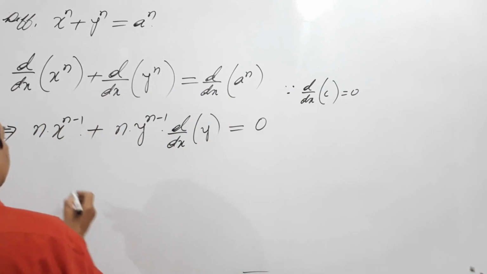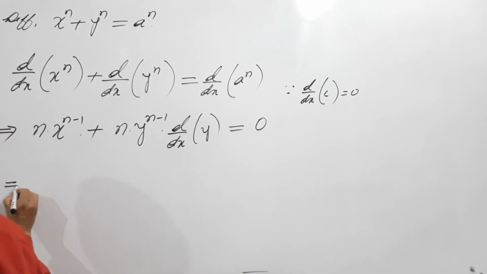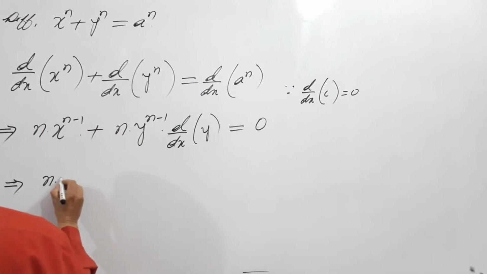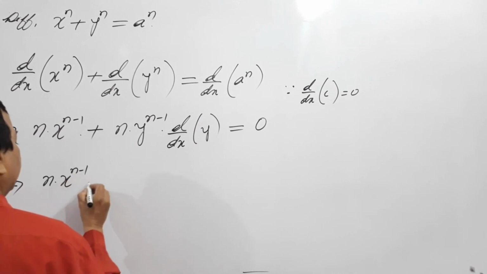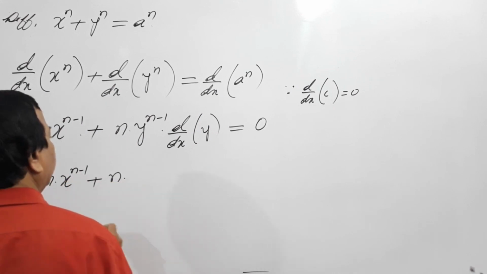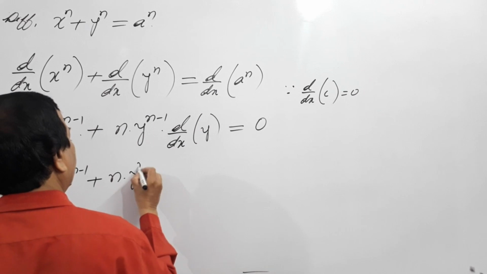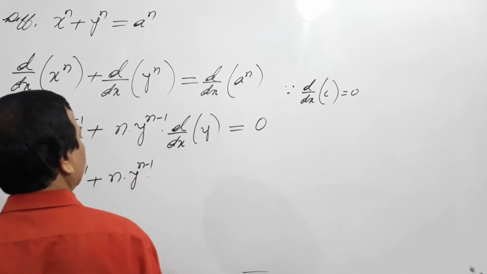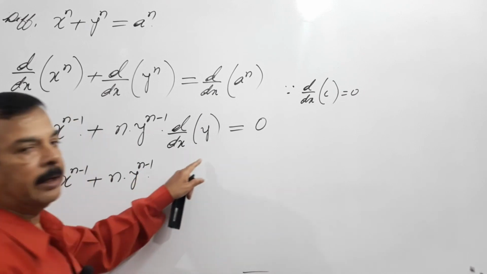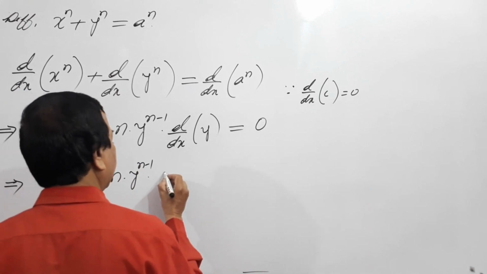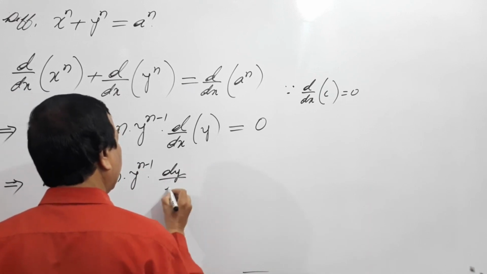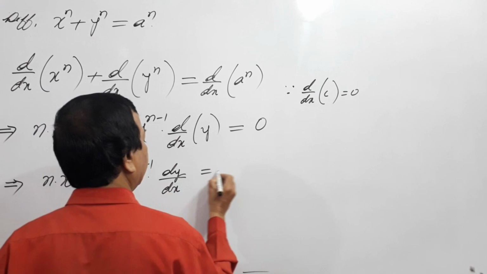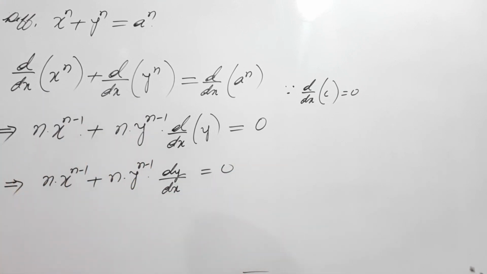So what happens here? This becomes n into x to the power of n minus 1 plus n into y to the power of n minus 1 into d by dx of y, which is dy by dx, equals 0. So I'll keep the dy by dx terms on the left hand side, the remaining I will send to the right hand side.